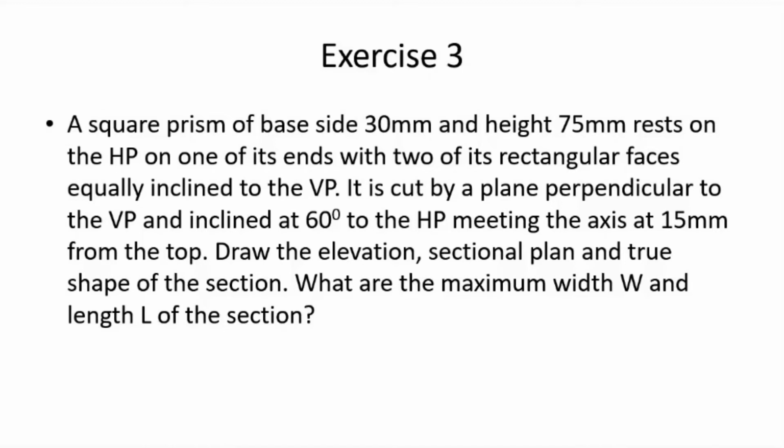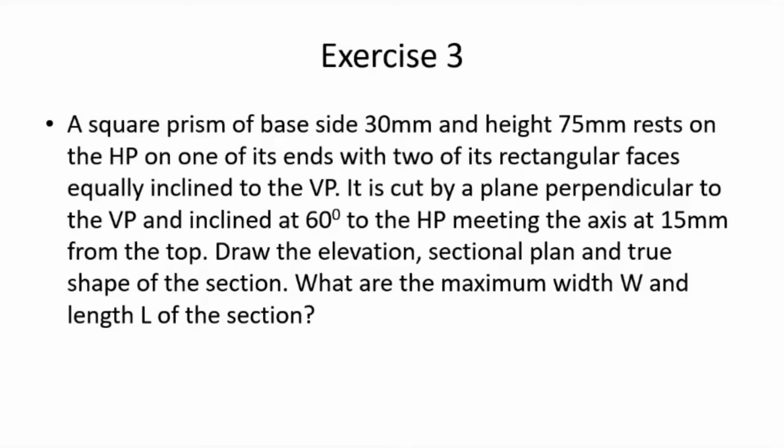So the true shape of the section was obviously there either in the front view or in the top view. So you don't have to draw the true shape of the section separately. But here, since there is some inclination with HP and the section plane is perpendicular to VP, the true shape of the section and the apparent shape of the section will be different.